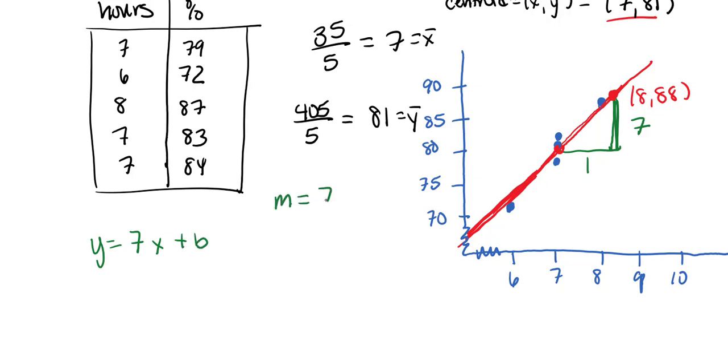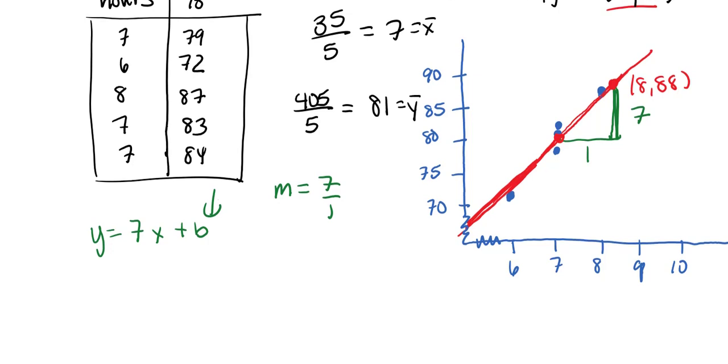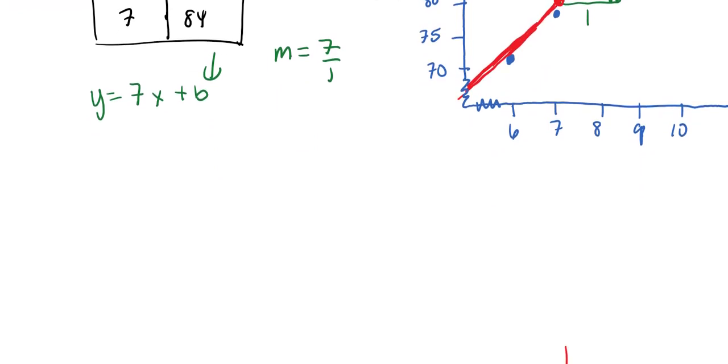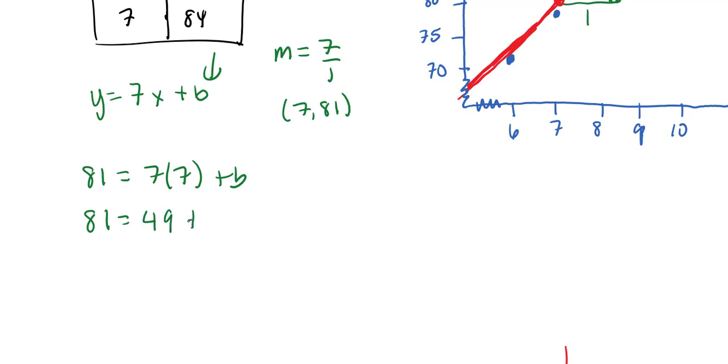Our slope is 7 over 1, which is rise over run. So now we need to find b. Let's use our centroid, 7 and 81. So y is 81, equals 7 times 7 plus b. So 81 is equal to 7 times 7, which is 49, plus b.